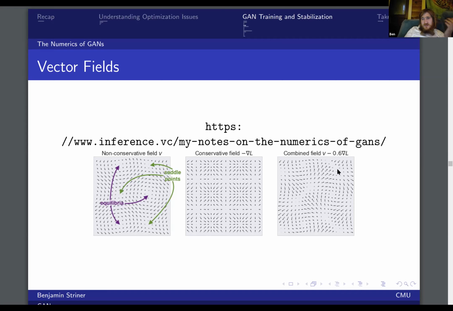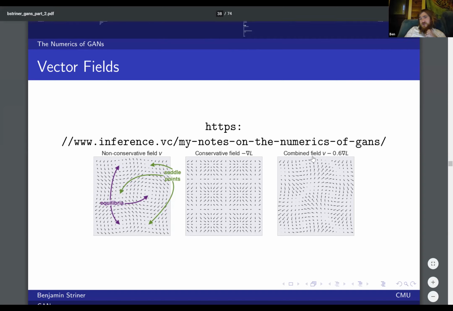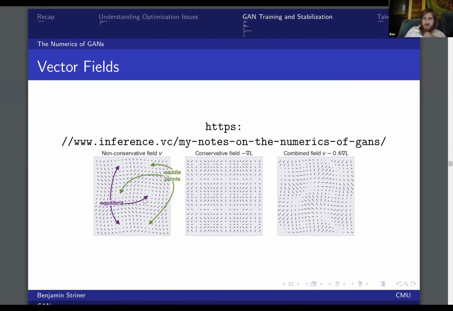So the saddle points are still unstable. They still exist because they're saddle points, but basically the hope is that combining these two things will not just get you to the saddles. You will end up in the equilibria, and the saddles are still kind of there but unstable, and the equilibria are there but stable. And yeah, so the hope is you would fall out of a saddle.